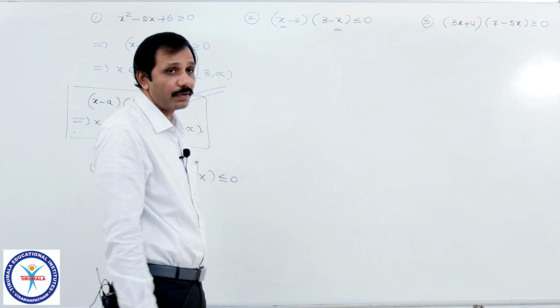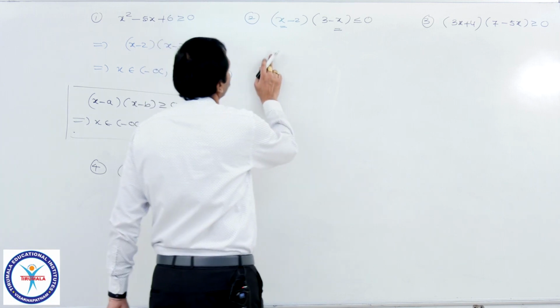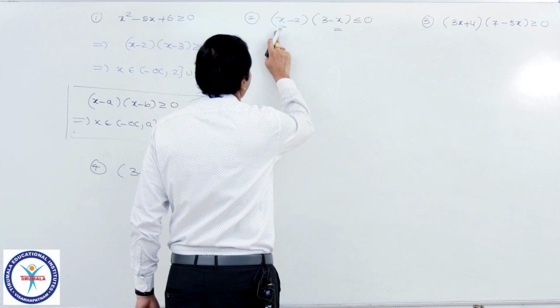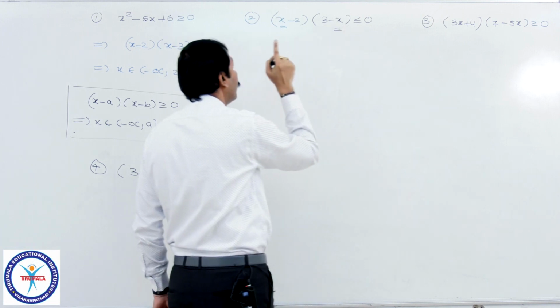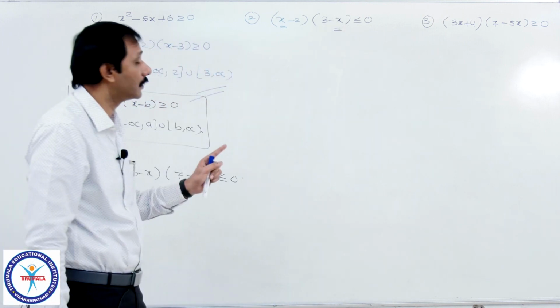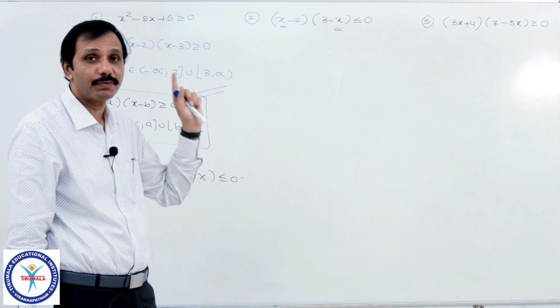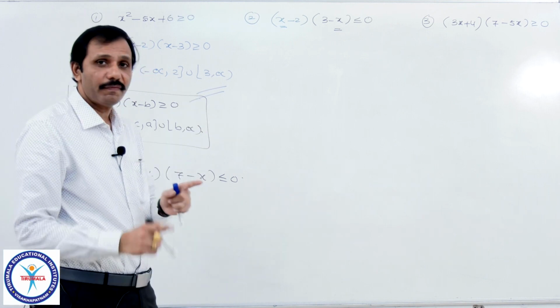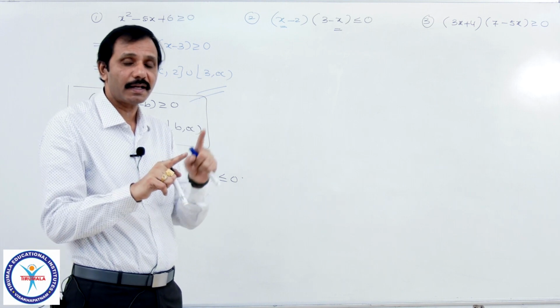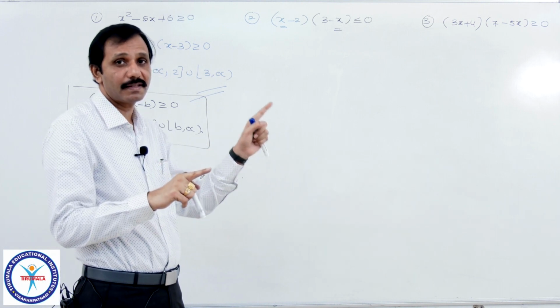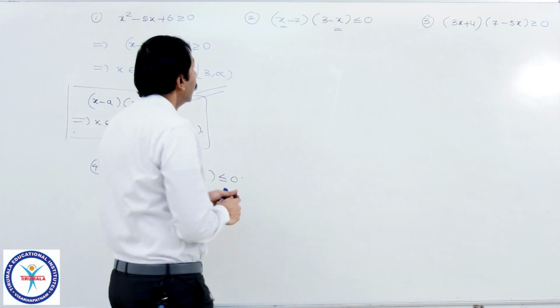Second one, observe this. Here the coefficient of x square is negative. I will try to make that coefficient positive by multiplying with a negative sign. And whenever an inequality is multiplied by a negative sign, that inequality will get reversed. That is, less than will become greater than.